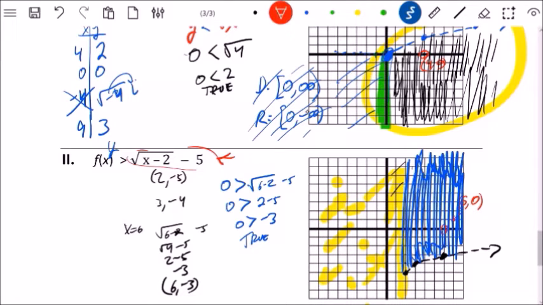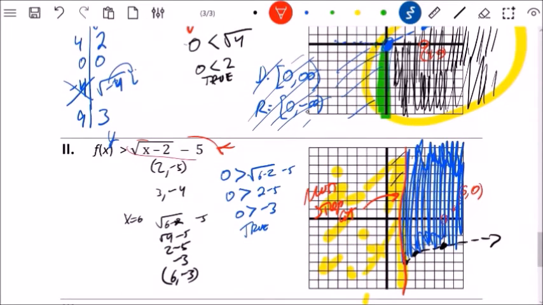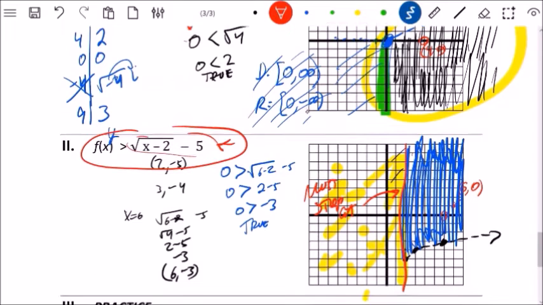Remember, must stop at that line. Okay, so the blue area is the shaded correct area. Every point there will satisfy this original inequality. And there's a million points. There's an infinite number of points, actually.